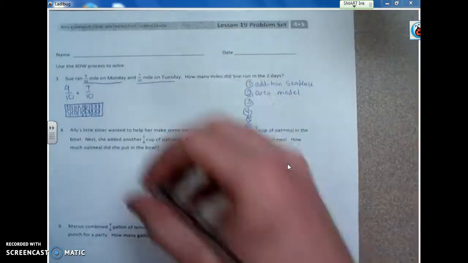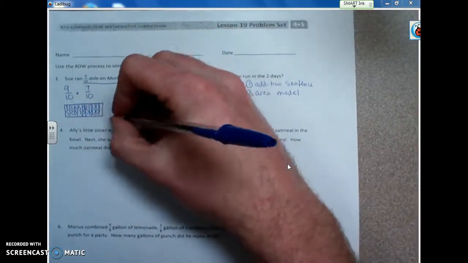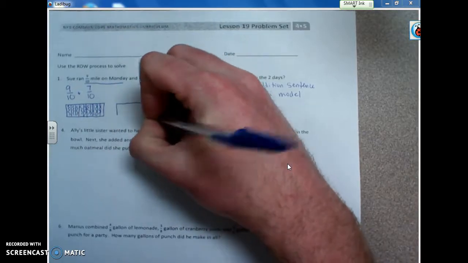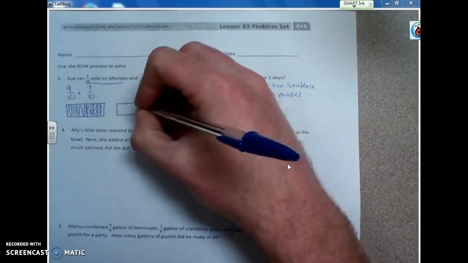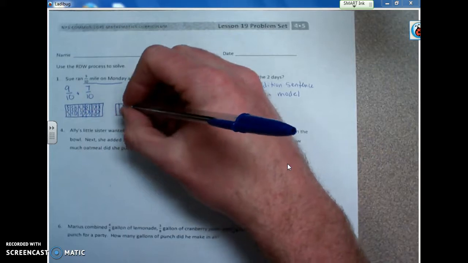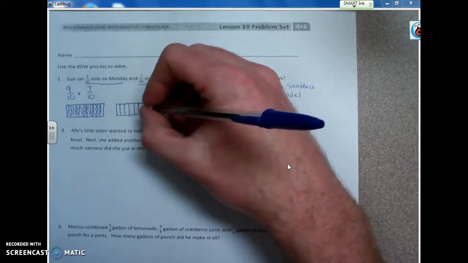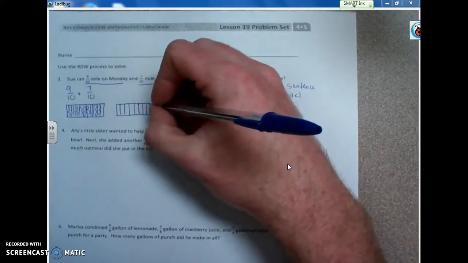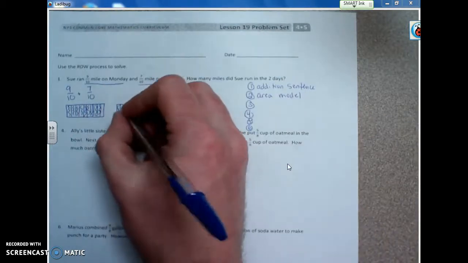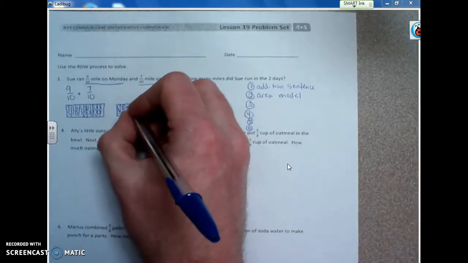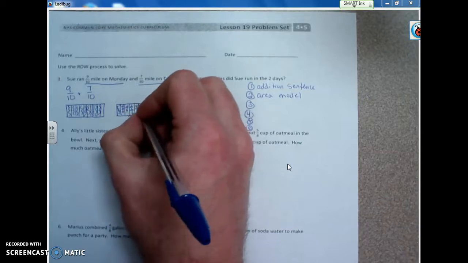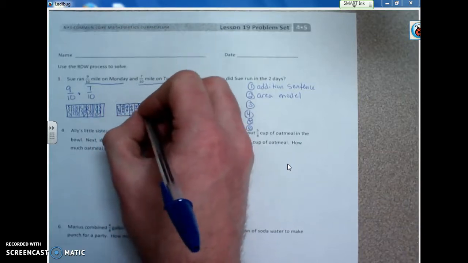I also have 7/10. So I'm going to do the same thing, split it in half, split those in fifths, and shade in 7 of those 10 pieces.